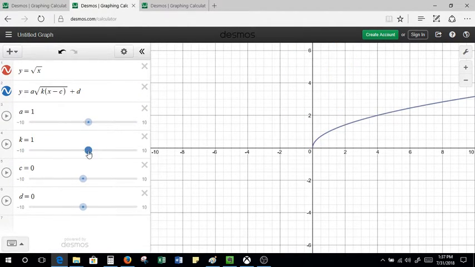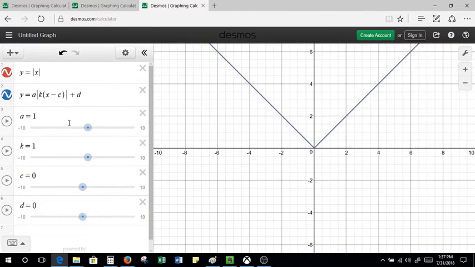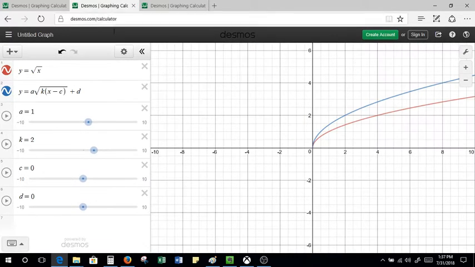And we can see that across the board. We make these k's equal to 2 as well. We should see that they are moved to the left each time by a factor of 2. So horizontal shrink. We see that is so.